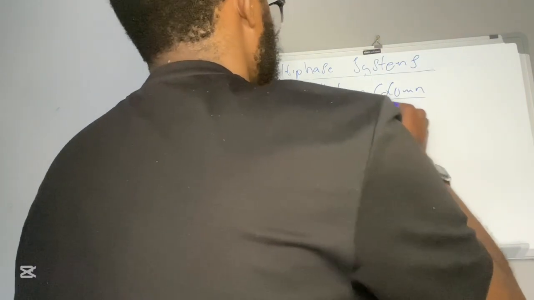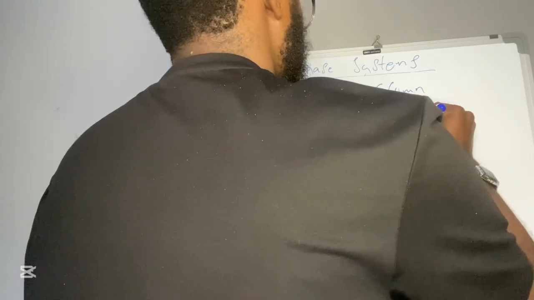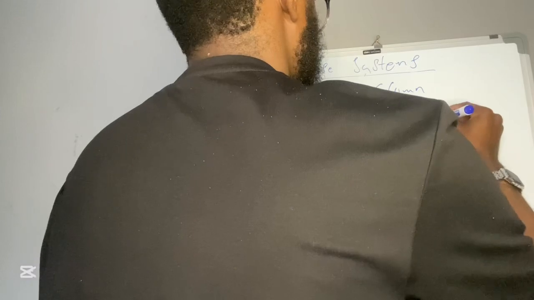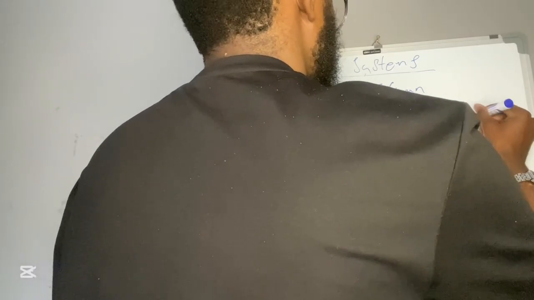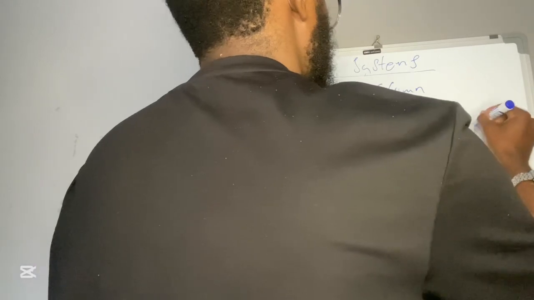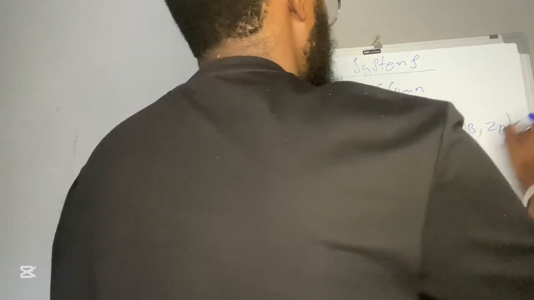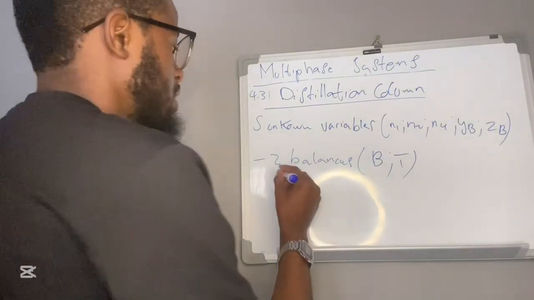So you have 5 unknown variables here: N1, N2, N4, YB, and ZB.